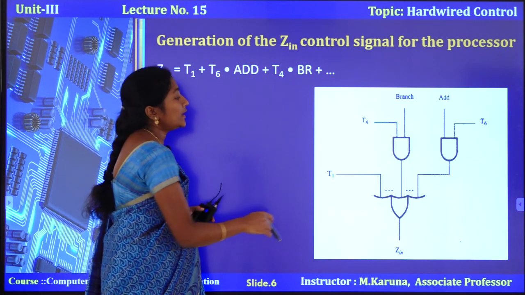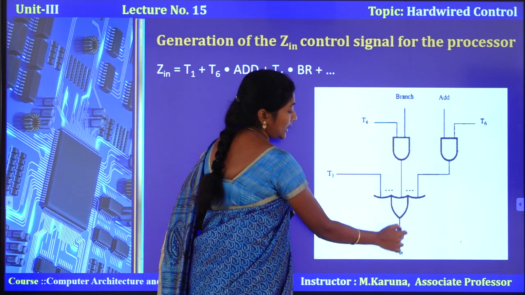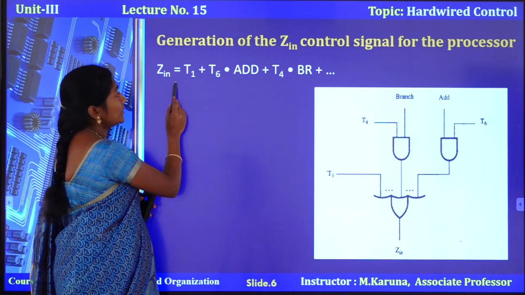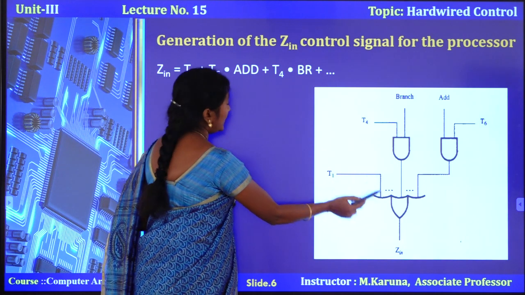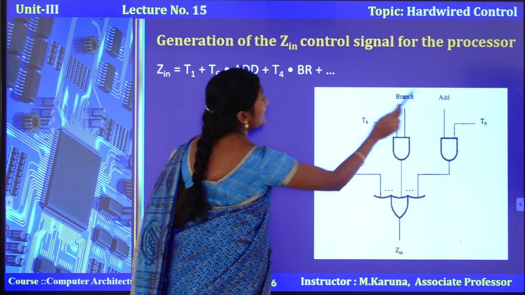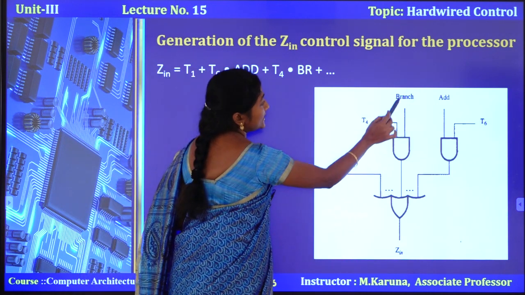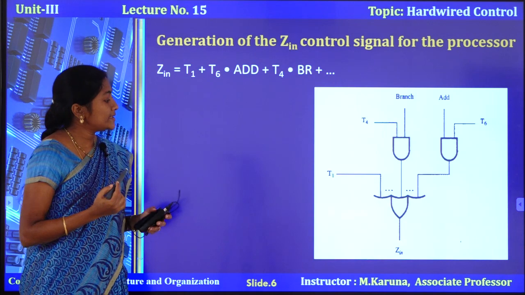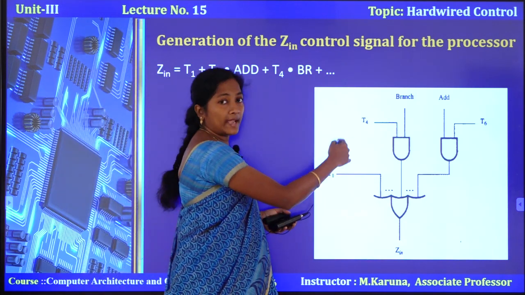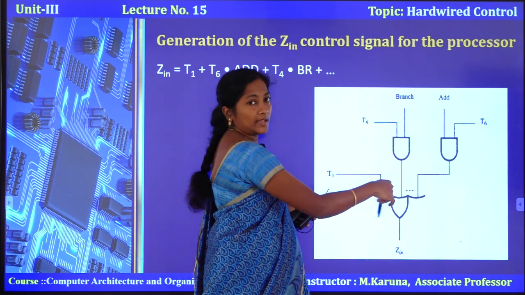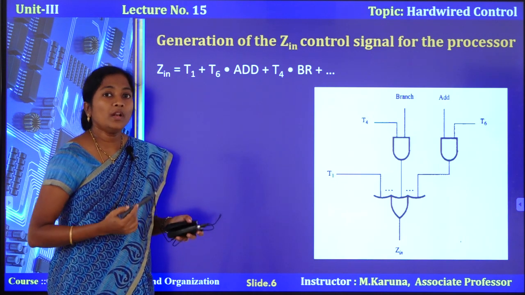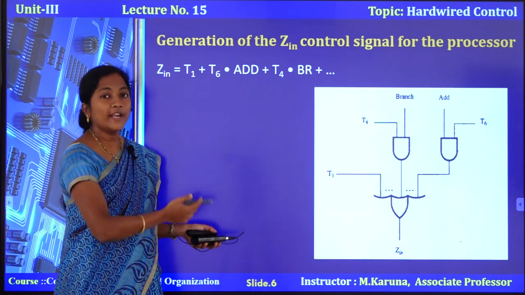If any one input of the OR gate is 1, the output is 1. So Zin equals T1 plus T6 times add plus T4 times branch. Likewise, the Zin control signal is generated with the help of a wiring diagram of logical elements. That is what is known as a hardwired control circuit used to generate Zin.